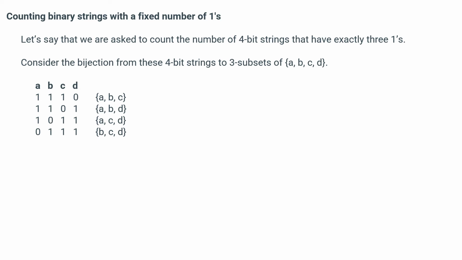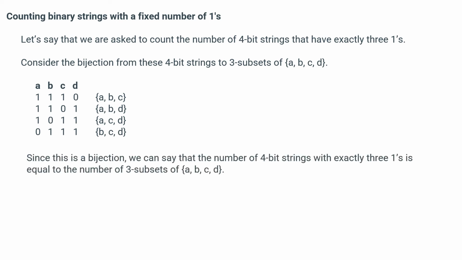We see that it is a bijection because it's a function going from the 4-bit strings into the subsets, and it has a clearly defined inverse because we could go backwards just as easily, so therefore we'd say it's a bijection. So since it's a bijection, we could say that there's the same number of 4-bit strings with exactly 3 ones as there are subsets of size 3 out of a set of 4.